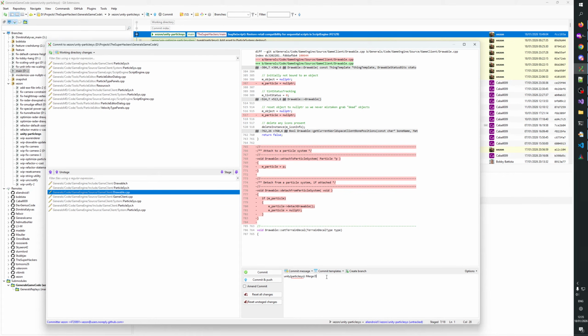Merge particle drawable. Merge removal of particle drawable from 0 hour to generals.